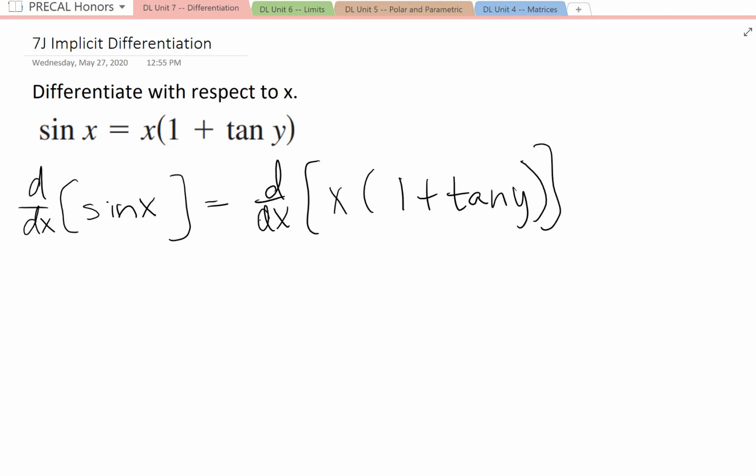The derivative of sine with respect to x, the variables agree, so this one's easy, just cosine x is equal to, and then here we're going to have to use the product rule.